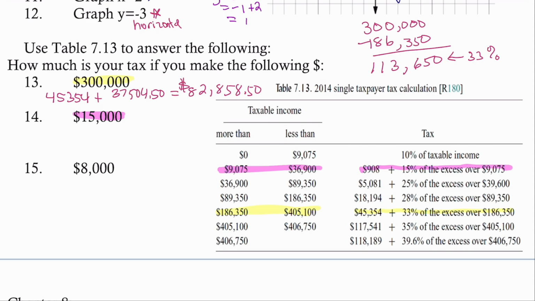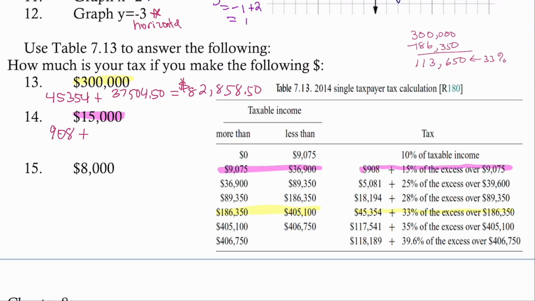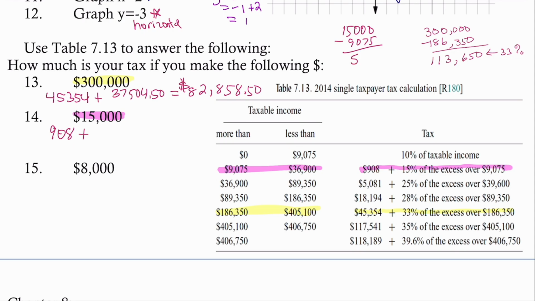I'm going to write down the 908 that I'm responsible for, and put a plus. Then I'm going to take 15,000 minus the 9,075, which is $5,925. That is the excess over the $9,075 limit.